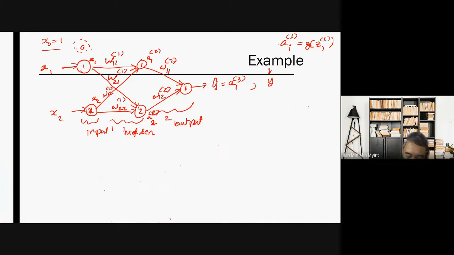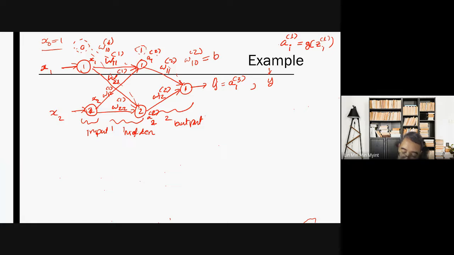And then also in here, that is the weight. This means W 1 0 1 like this. In here also we have 1. This is just a value 1. And then we have another weight, that means W 1 0 2 like this.